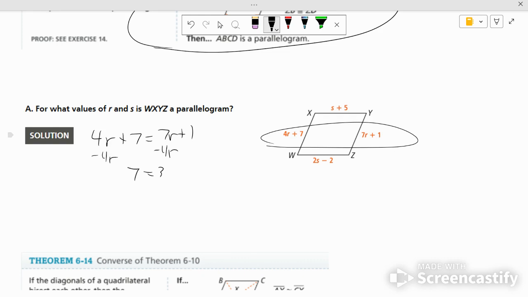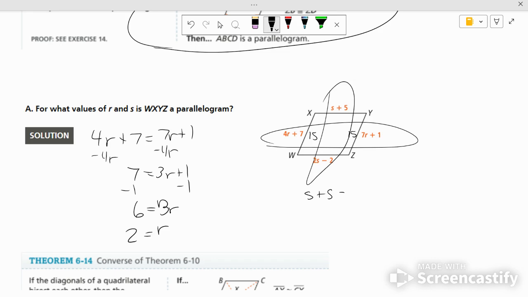So 7 equals 3r plus 1. Subtract 1. 3r equals 6. r equals 2. Plug the 2 in. What's 7 times 2? 14 plus 1 is 15. What's 4 times 2? 8 plus 7 is 15. Both these are 15. Now I have to figure out my s's.